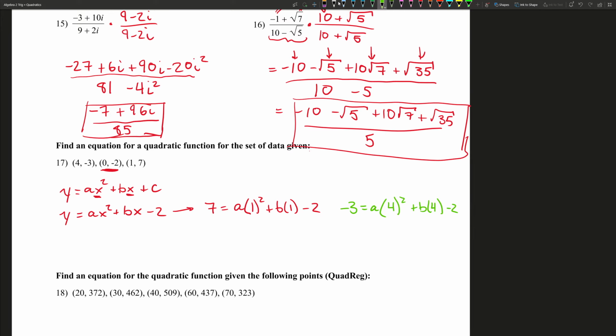Why is negative 2 c? So negative 2 is c because we are given this y-intercept. Right, so if we plug in 0 for x, we should get out negative 2.